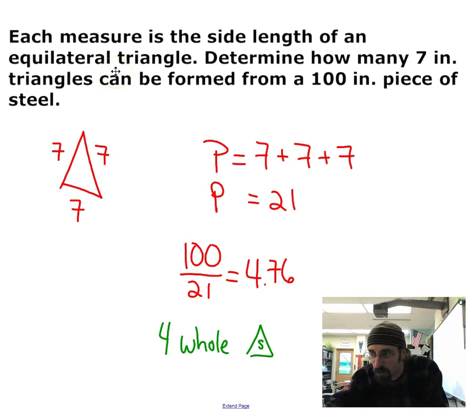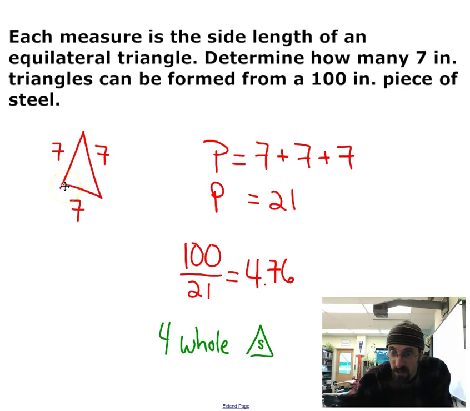Okay, the last problem I want to go over, it says each measure is the side length of an equilateral triangle. Determine how many 7-inch triangles can be formed from a 100-inch piece of steel. So imagine you've got an equilateral and equiangular triangle that the sides are all 7. Well, how many can you form from a 100-inch piece of steel? Well, first of all, think about the perimeter.